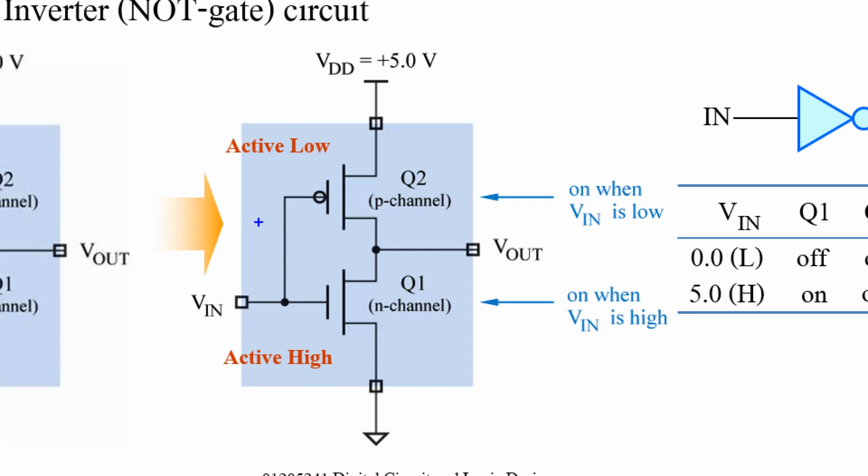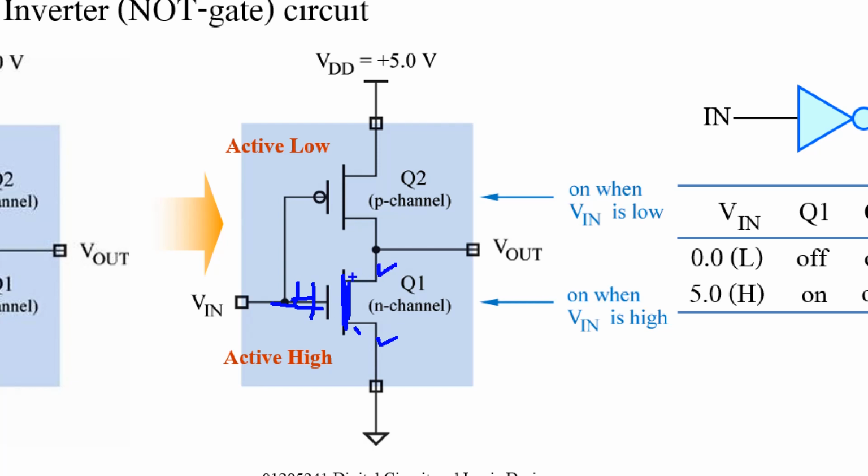Okay, so from now on you just consider this gate terminal as used to control this transistor as a switch. If this one is active high, you must apply high of 5 volt at this gate terminal to make the channel link or short between source and drain.